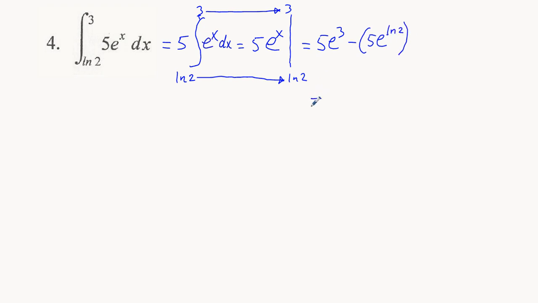And so coming down from here, we're going to have 5e cubed, and e to the power of ln, the e and the ln will cancel each other, so we're going to have minus 5 times 2, which is going to simplify to 5e cubed minus 10. So this is going to be our answer to this problem.